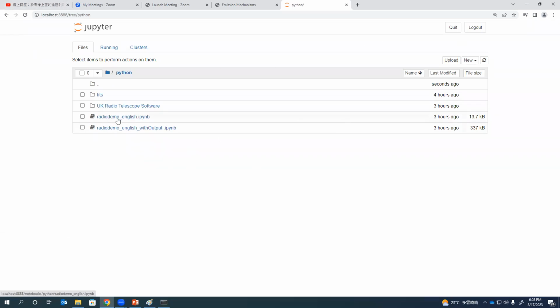And then I have a link or file here, in case I fail to run the code, at least I can show you the result on our computer for my teammate. Now I click on this radio demo underscore English .ipynb. Okay, .py corresponds to a Python program.